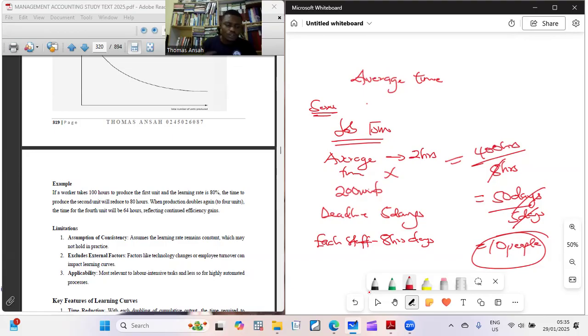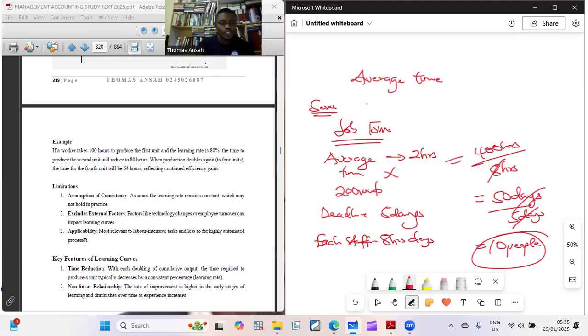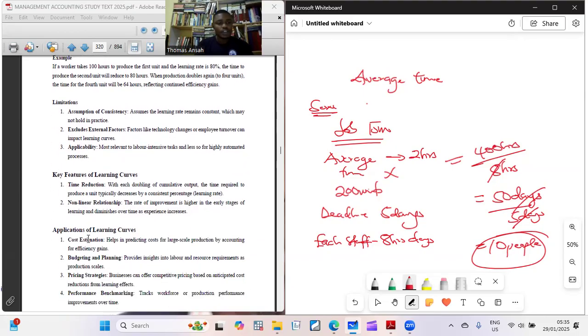All right. So these are some of the things, and we will take a look at the question. Of course, we will look at this question, but let's look at some of the limitations of the learning curve and its applicability. Of course, I've told you that it is used to determine the average time, and by average time, also the total hours. But with what I just did, you realize that it helped me to estimate the cost of labor in a large scale production.